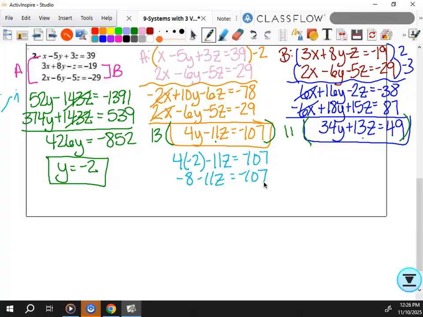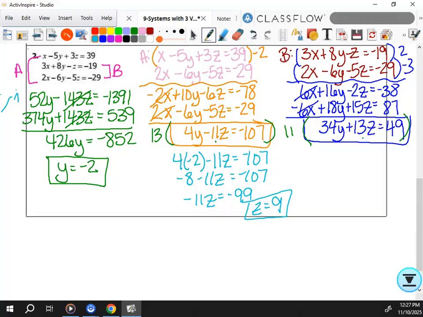Okay, go ahead and you can finish that one up without me. All right, so that should give me -11z equals -99. So z equals 9. We agree with that? Yes?